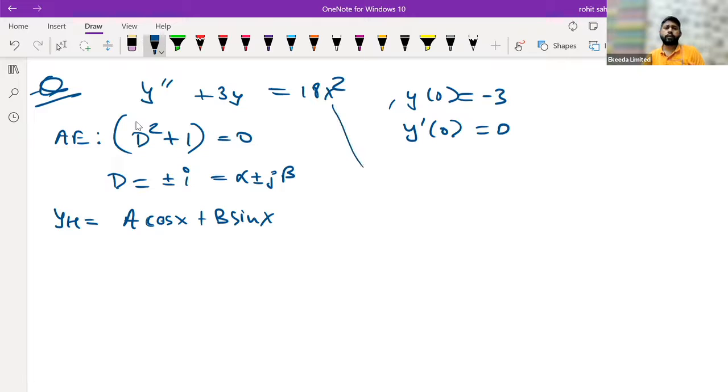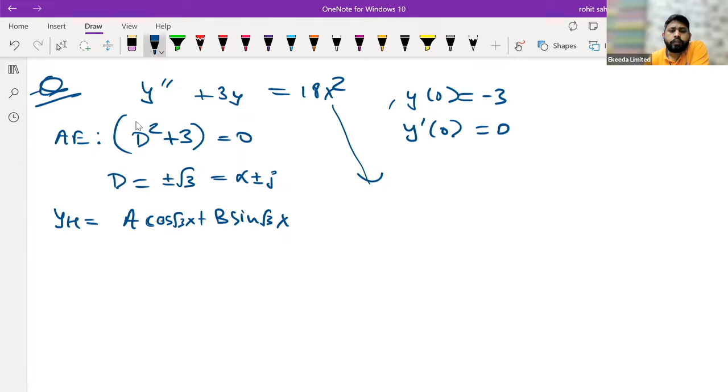Now look into the, what is this? 18x square. 18x square is your, did I write 1 here? This is 3, sorry. This is 3. 3 plus and minus root 3 x root 3y. Okay? Root 3x only. This is your homogeneous part.